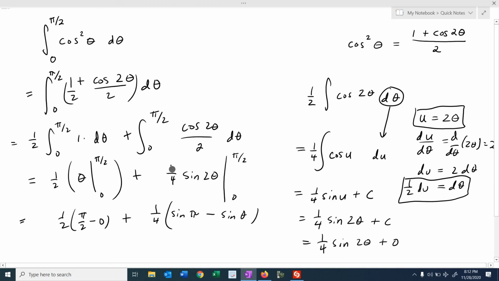By the way, you can factor this 1/4 out. You could do it either way. You can think of this as having 1/4 in front of both of them. You're evaluating this function at the upper limit, and you get this, and then minus what you get at the lower limit, you get this. Then you would factor that 1/4 out anyway. So you can just also think of it as having a 1/4 in front, and then evaluate this at the upper limit minus what you get at the lower limit, which would give you this. So you can do it either way.